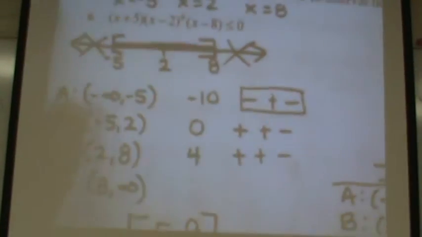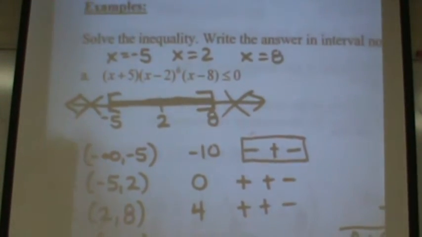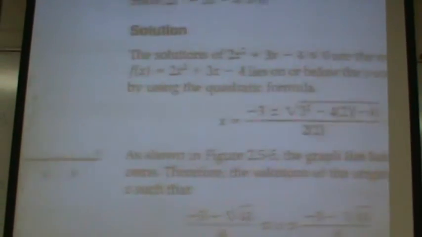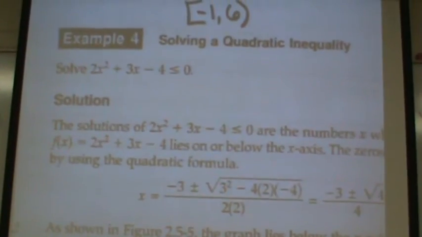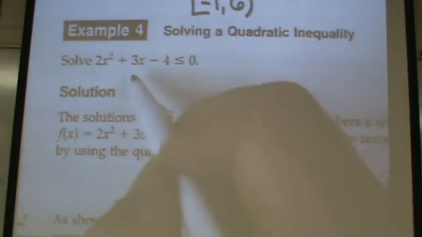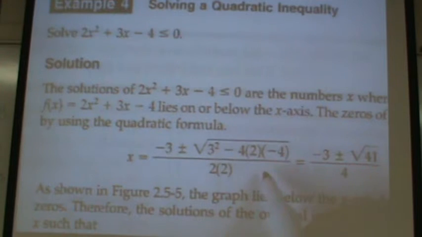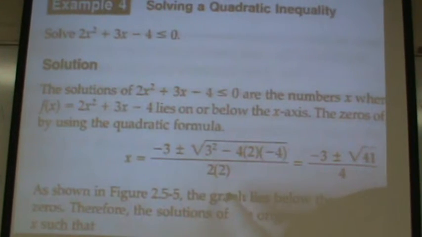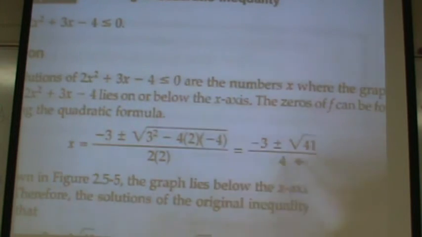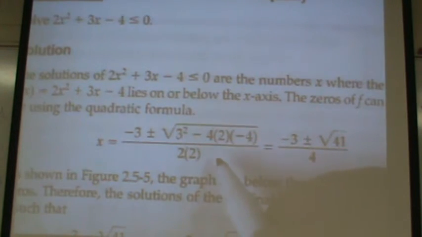All right, the only thing I'm going to quickly talk about, and I'm going to let you guys use whatever time to do homework, is that this problem right here would involve using the quadratic formula. In order to get your zeros, you would definitely have to use the quadratic formula. I'm not going to go over it because we've already talked about it.